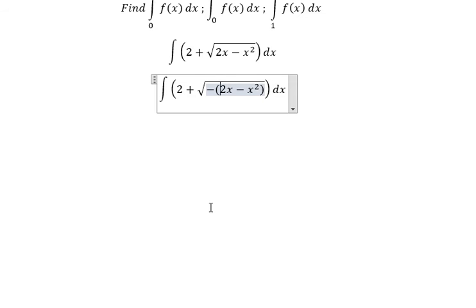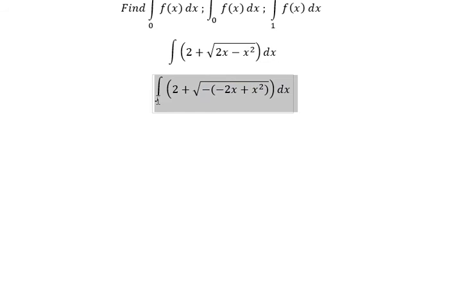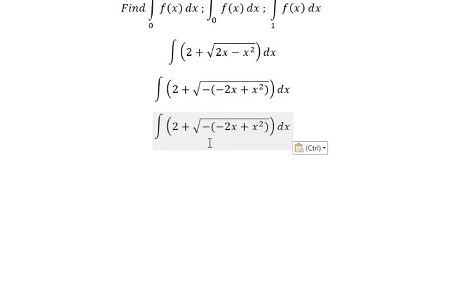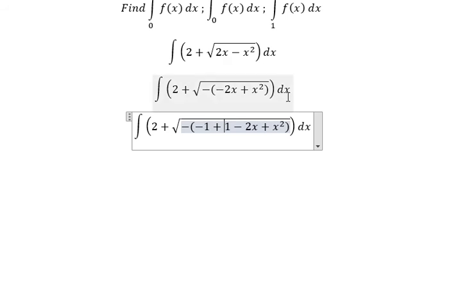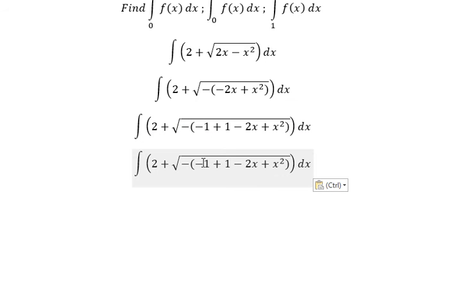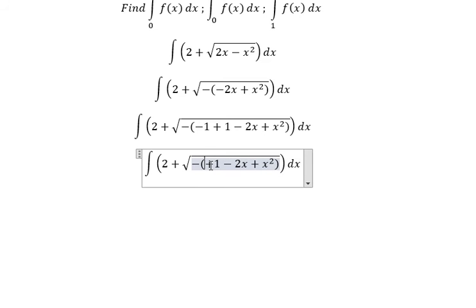So we go about negative 2x. This one we go about positive x squared. So we need to add number 1. So later that we need to minus number 1. We have the negative number 1 with the negative sign in here, so we put outside, and you will go about positive.